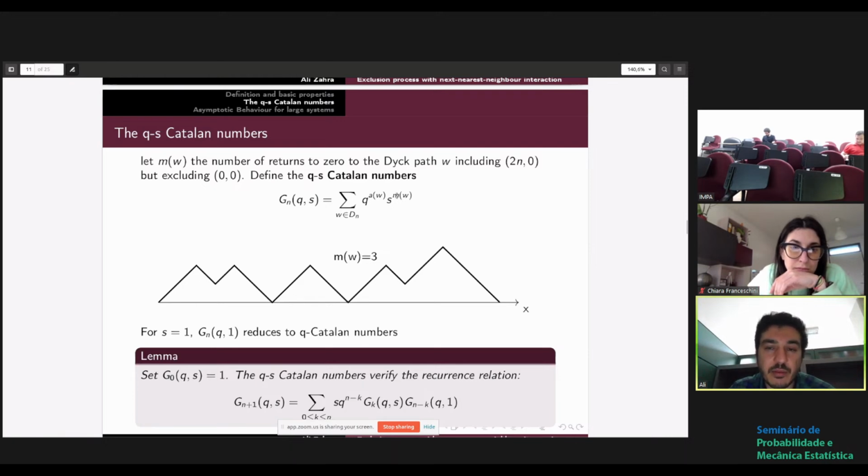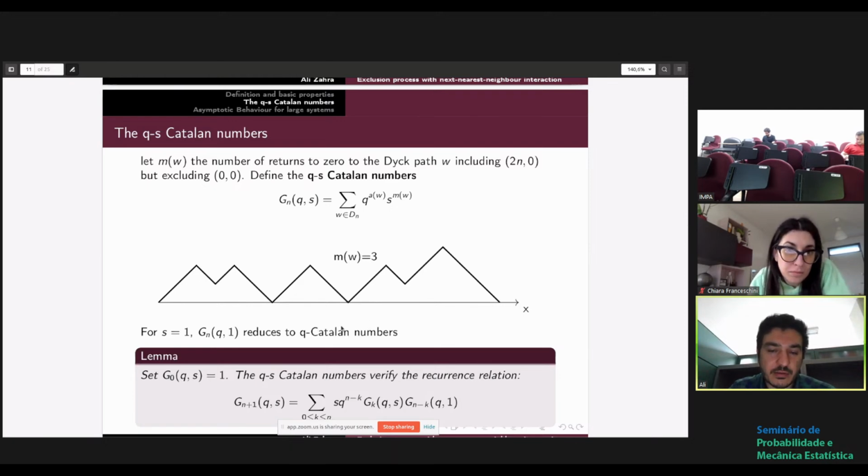Okay, M_w is the number of minimums of the path, excluding the origin and including the last site. Okay, so this is the number of returns to 0. So for instance, for this path, you have M_w equals 3. Okay, of course, if you have s equal 1, then this quantity just reduces to the q-Catalan numbers.